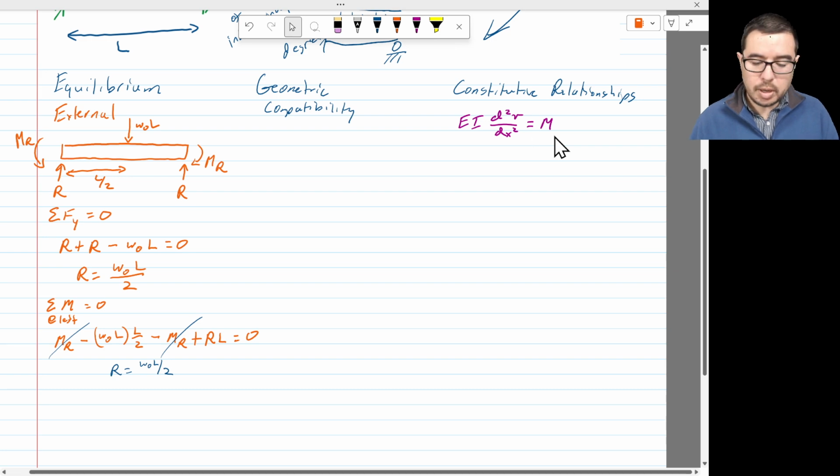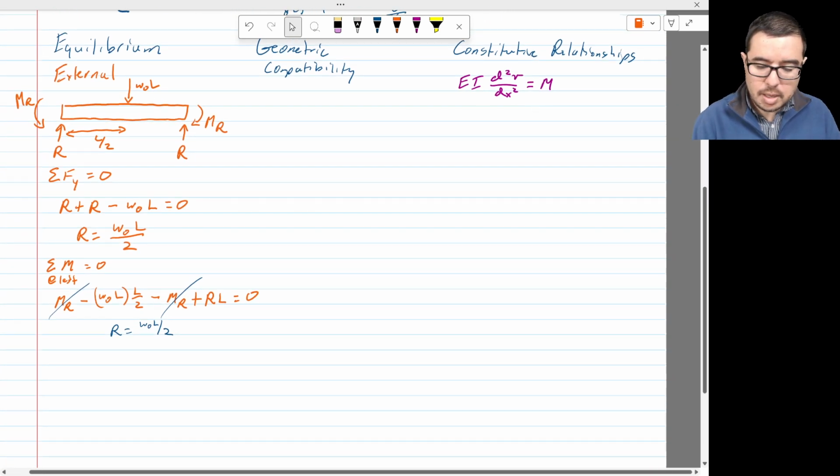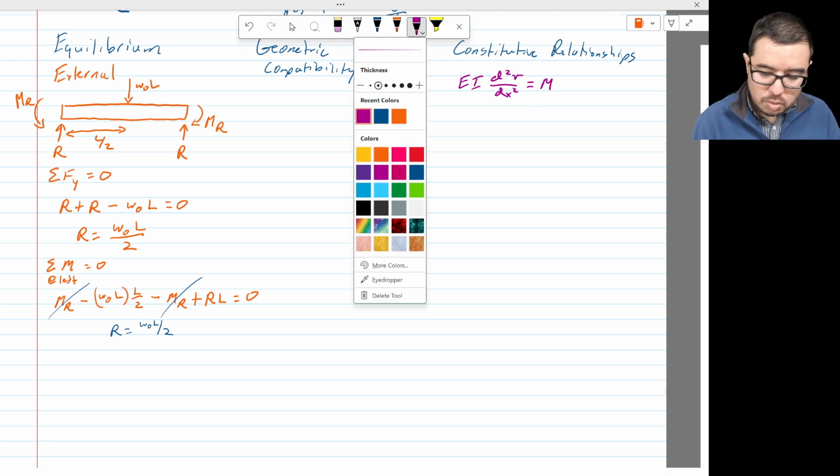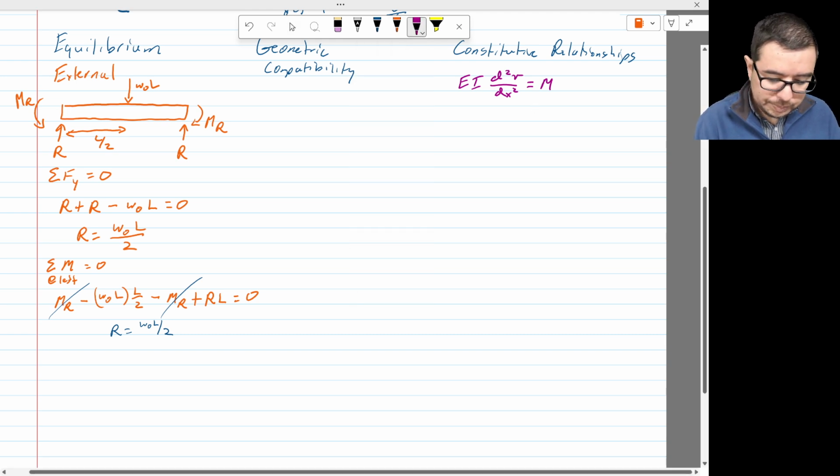So we need to create another free body diagram, and let's go ahead and do that. So this is going to be the internal equilibrium, which will employ method of slices.